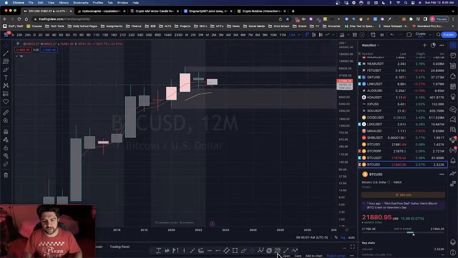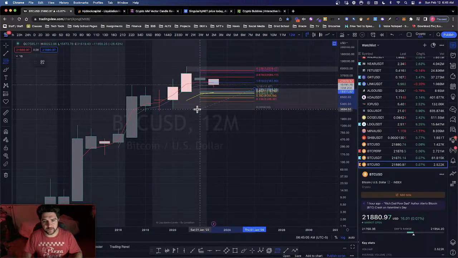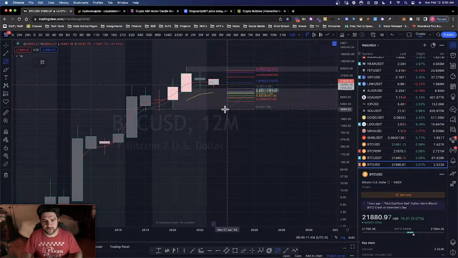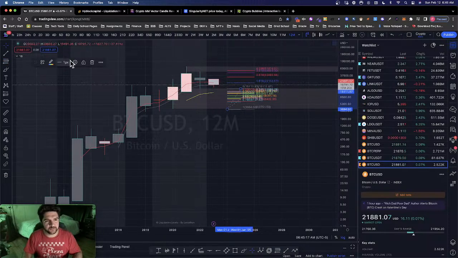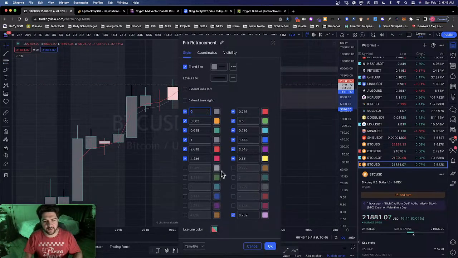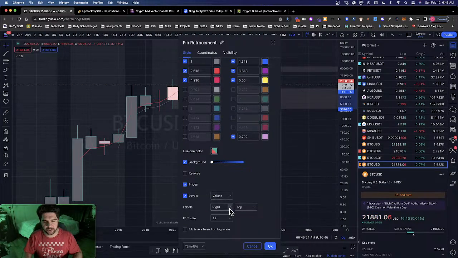In essence, you want to claim about 50% of it. So taking that principle, you can use your fibs to figure out how much needs to be claimed here. Just switch it to the left, and let's see how much we need to claim.